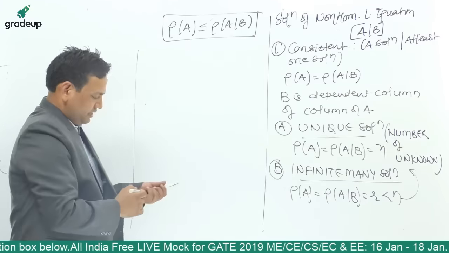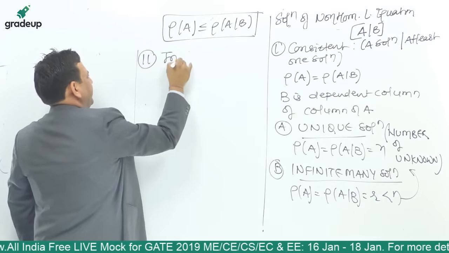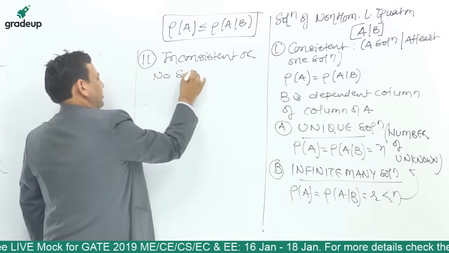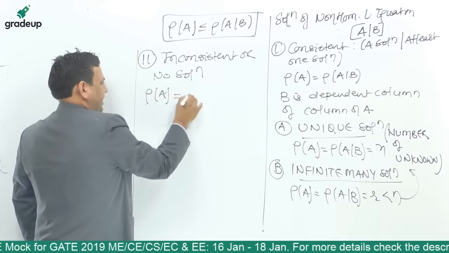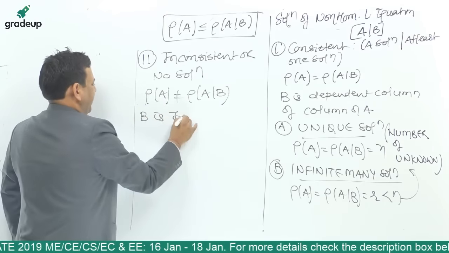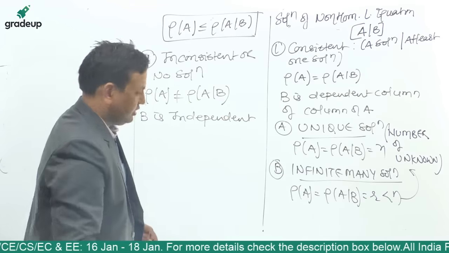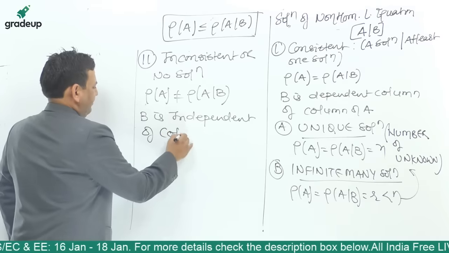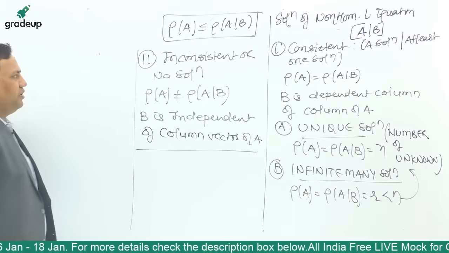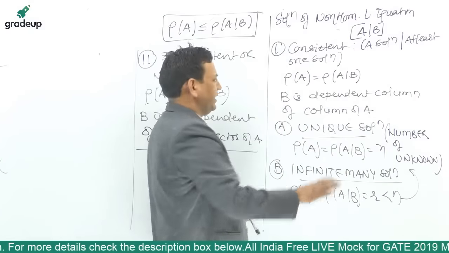And the third case, based on consistency, we will say inconsistent or no solution: if the rank of A is not equal to the rank of AB, so we will say B is independent of the column vectors of A. Okay, so this is the condition to check. If you understand this, then it is very easy.